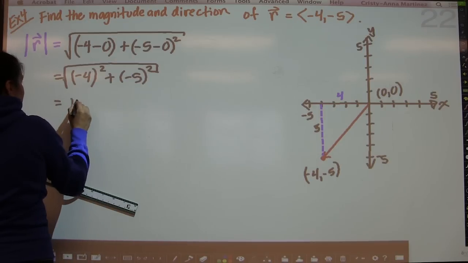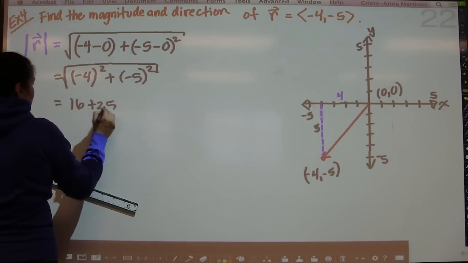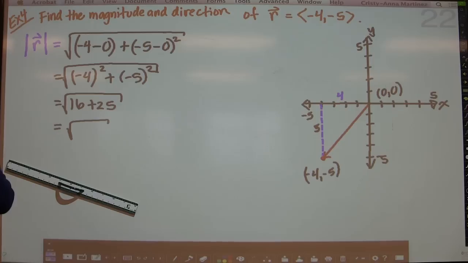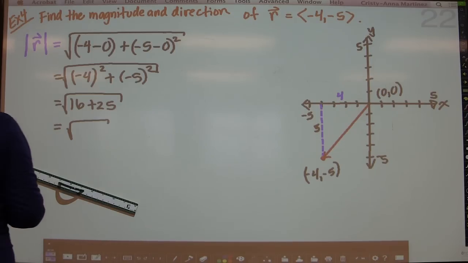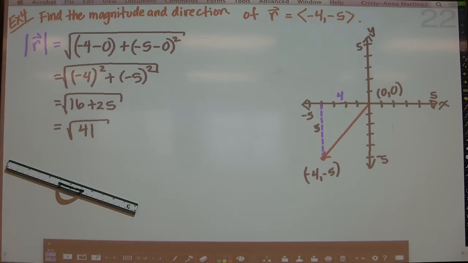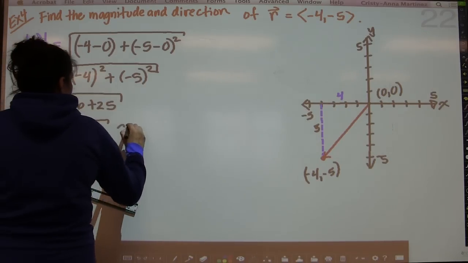So you're going to get 16 plus 25, and 16 plus 25 is going to be 41. So the magnitude of this vector is the square root of 41, which is approximately 6.4.